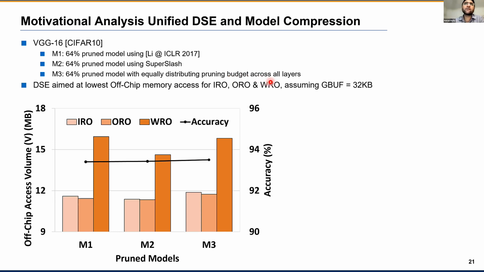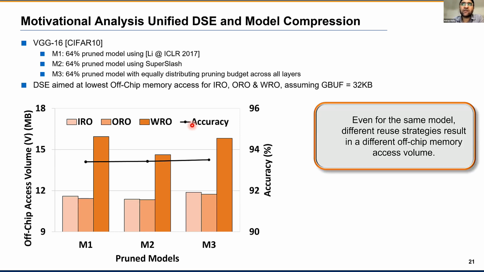If you have a look over here, we are plotting the off-chip access volume, considering various different design reuse options. And we have a very interesting observation. Even for the same model, different reuse strategies result in different off-chip memory access volume.